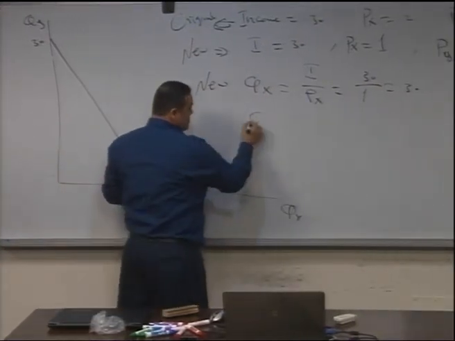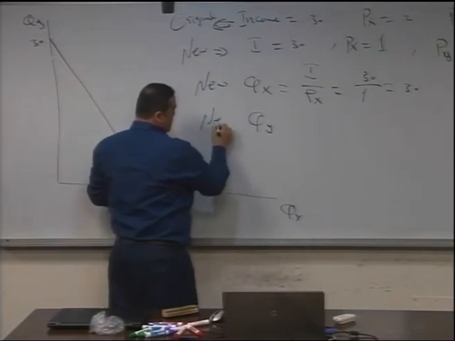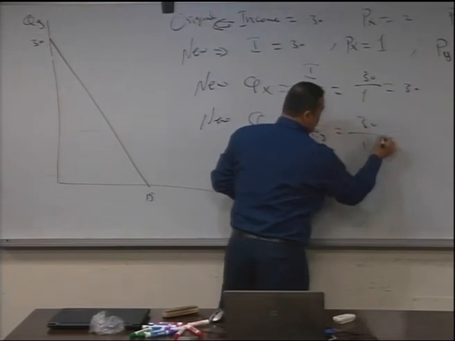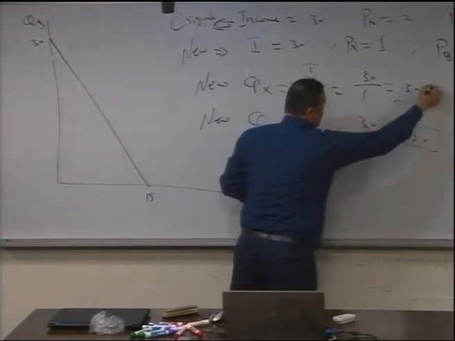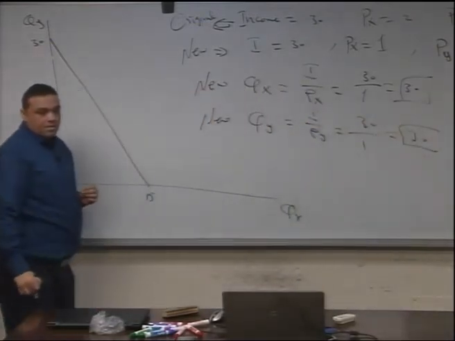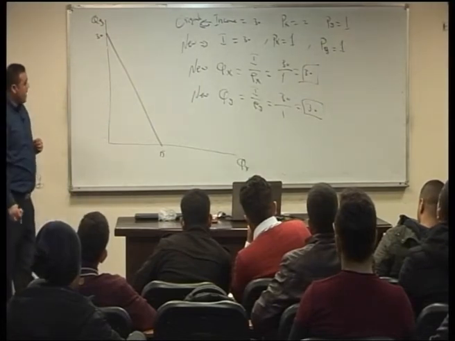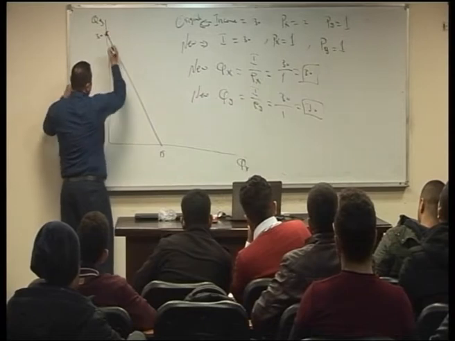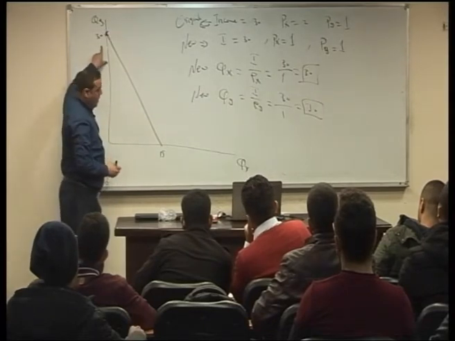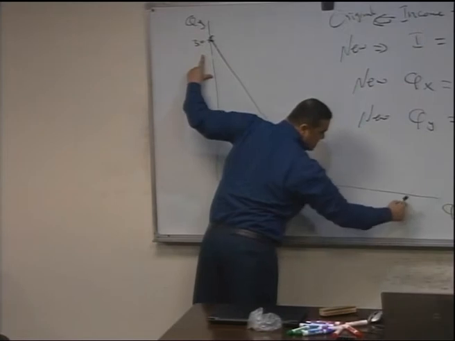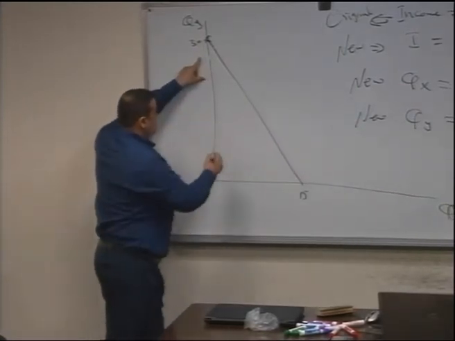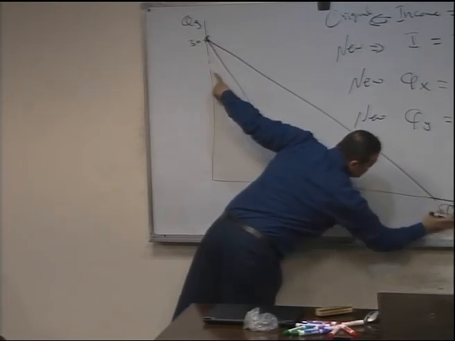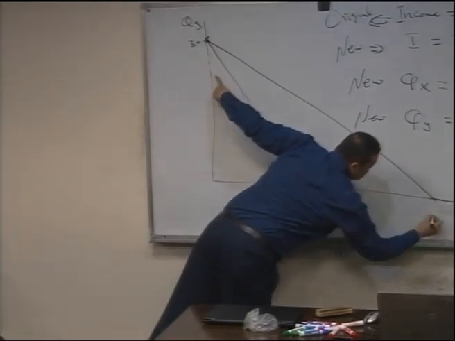Quantity of Y, new: I over PY equals 30 over 1 equals 30. That's it. So, what will happen here? The quantity of Y remains constant at 30, and the quantity of X increases to 30.